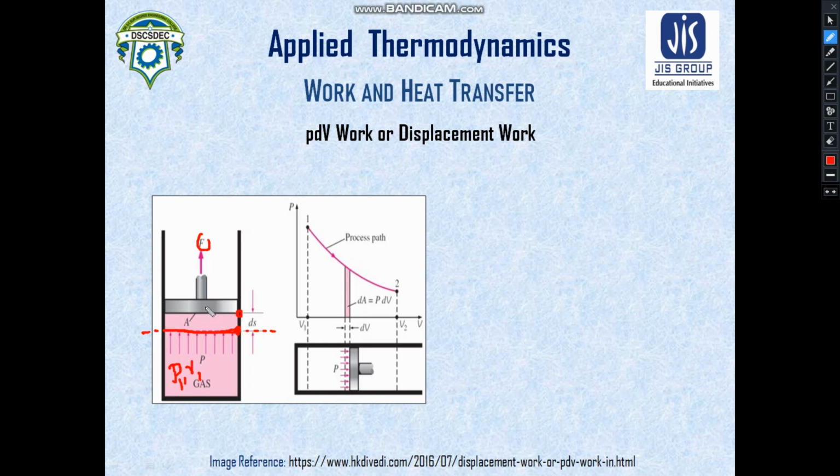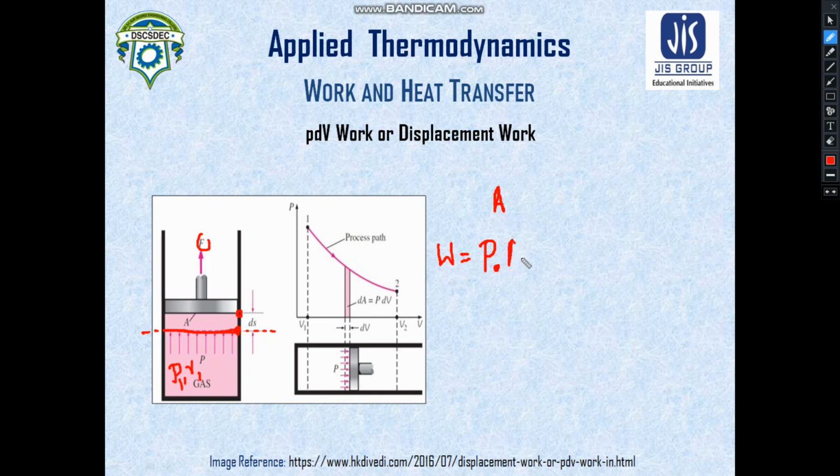So let us assume the area of this piston is A. P refers to the pressure exerted by the gas.